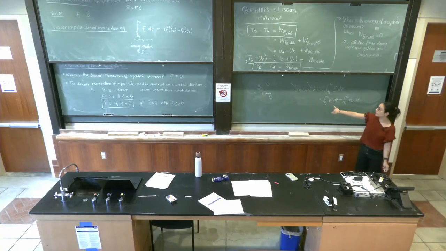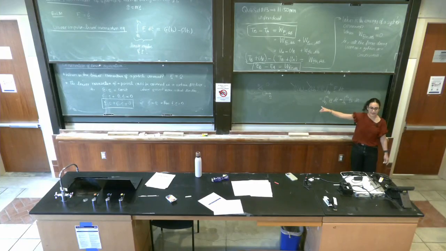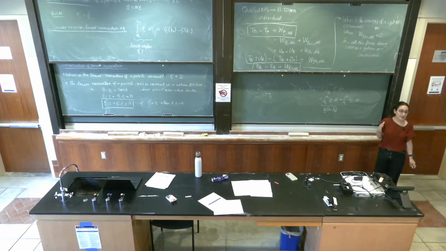Now, this integral, what information do I need to be able to calculate the impulse of the weight? Time, because the weight is constant, I can take it outside the integral. So that's just the weight times t2 minus t1. If I know t2 minus t1, then I can calculate the impulse of the weight.